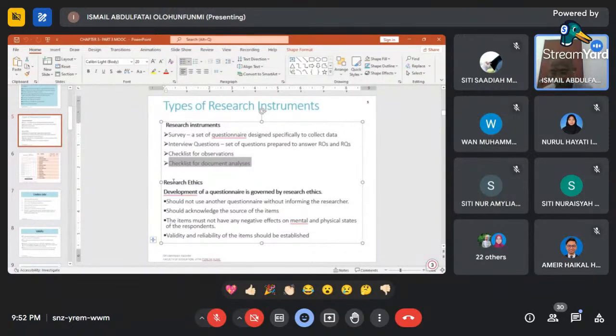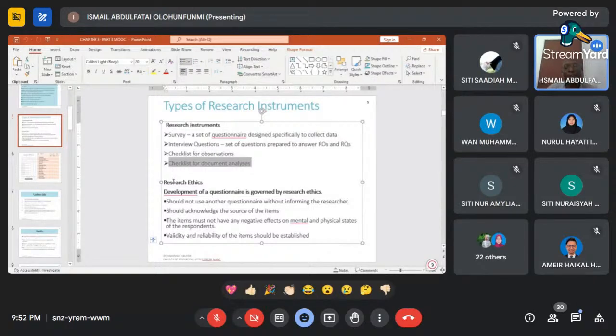So that is the aspect of all these things about ethics. The instrument that you want to use must not have negative effect on the respondent, the person that wants to answer it.